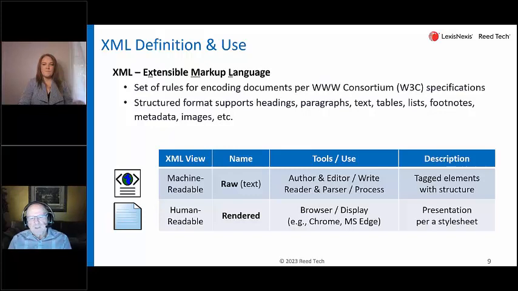But the raw text, many times when this is being authored, there's a dedicated XML editor. There's various types of machine readers and parsers that check things and pull it apart. And that particular information is using the background tagged elements with the information in that particular text file.